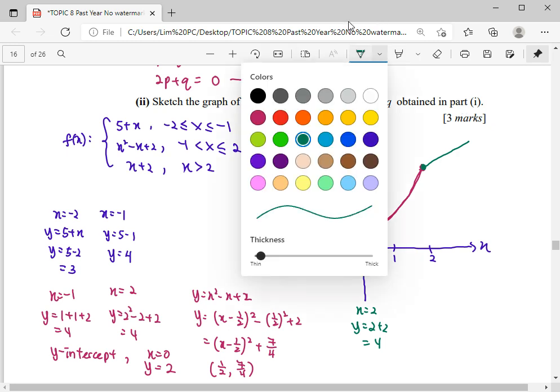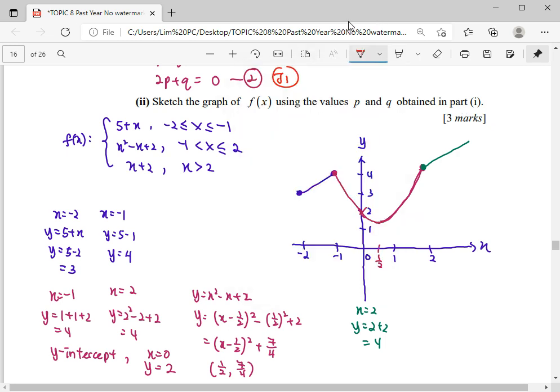So this is how we draw piecewise functions. Every time we draw a graph, there are 3 marks. The first part is our shape. Make sure we have our shape correct; here we have a quadratic and linear shapes. Secondly, we have our points correct, because this is a piecewise function. We want to make sure our starting point and ending point for each interval of the graph are correct and labeled.